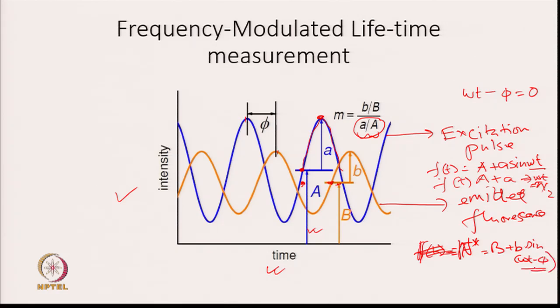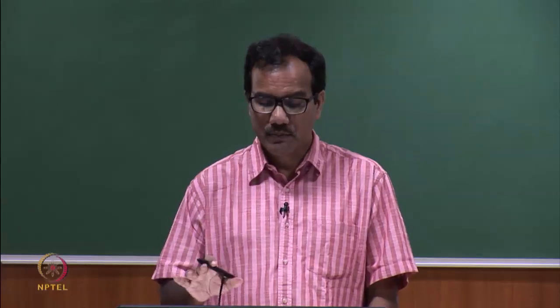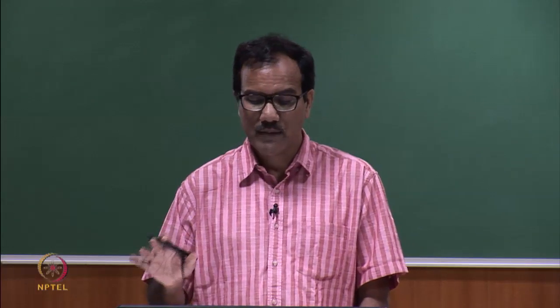If this sine is 0, then this is equal to B, and if this is 1, then the whole thing will be capital B plus small b. So, this will tell you about the principle behind frequency modulated lifetime measurement.